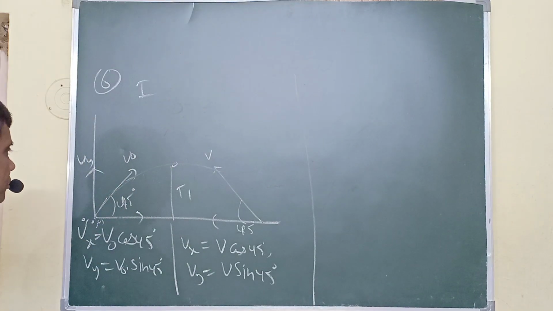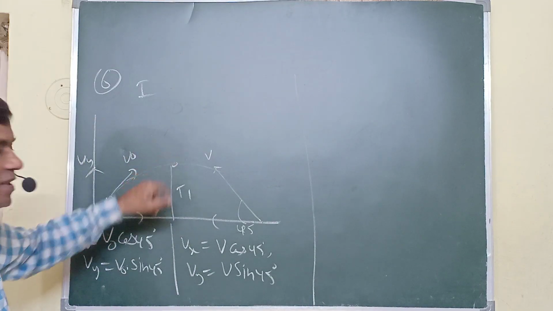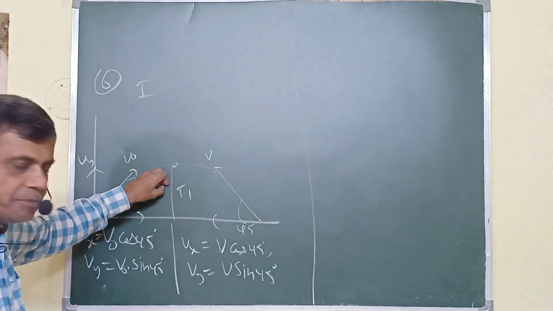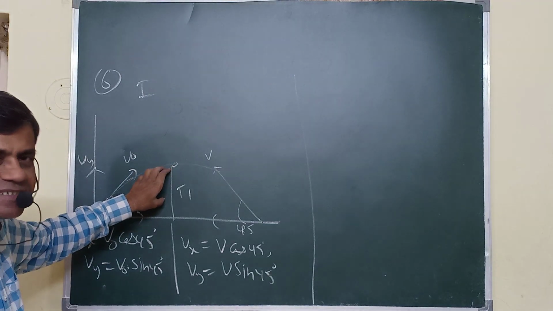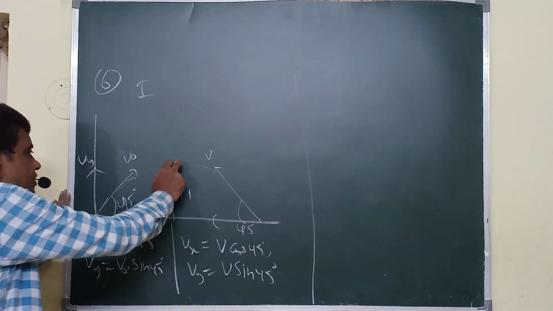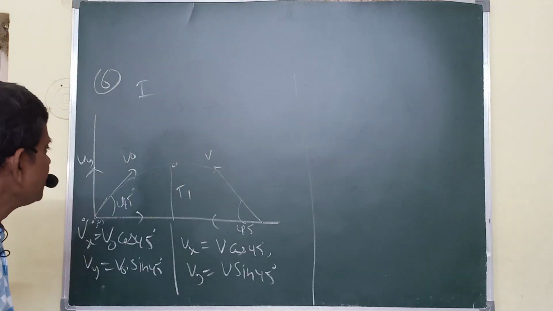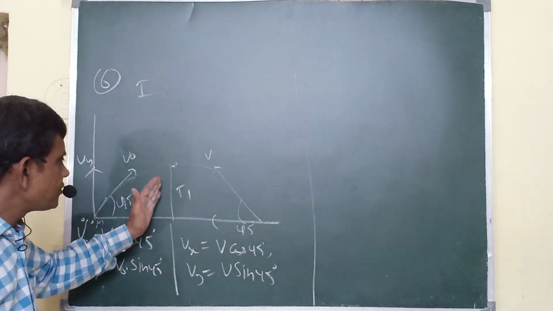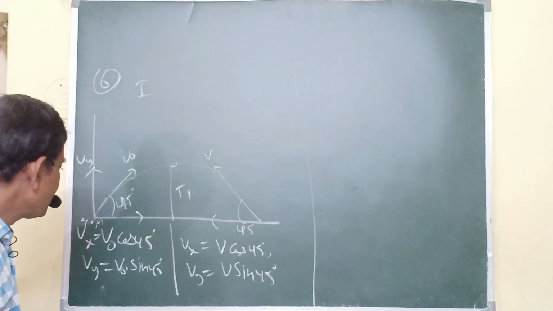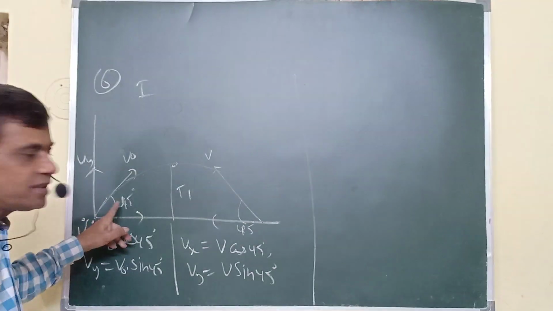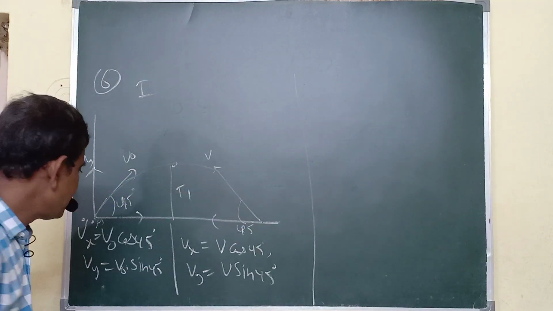I already explained this to you. At the meeting time they reach the same height, but that is not the maximum height. It goes like this, again like this. The maximum is different. So at that particular height and at the meeting time, the vertical components are equal.